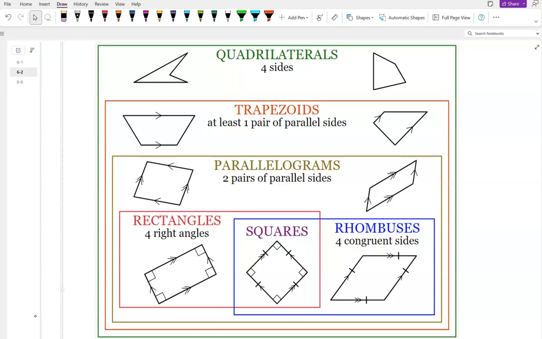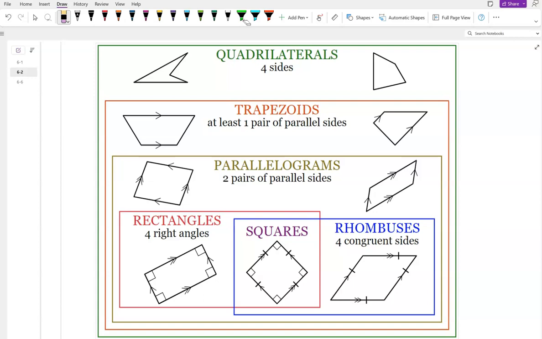Obviously, when I look at this shape, the first thing that comes to mind is not that it's a trapezoid. I know that this shape is actually a rectangle, but it falls in the same category as a trapezoid, because the only thing that distinguishes a trapezoid from any other quadrilateral is that a trapezoid has to have one pair of parallel sides, right?